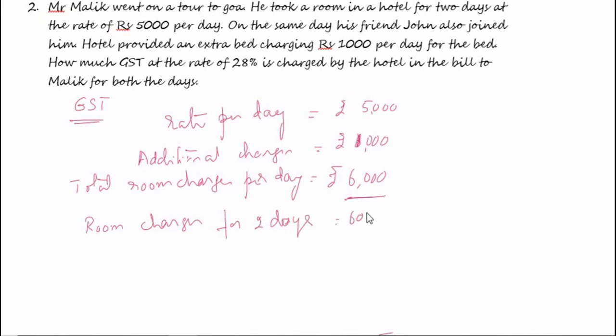That is equal to 6,000 into 2, which is equal to rupees 12,000, and on this we need to calculate GST.